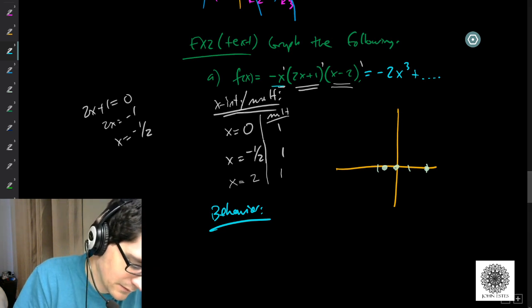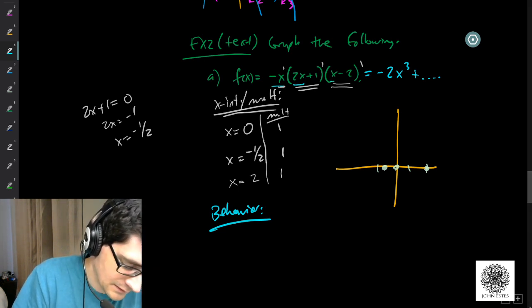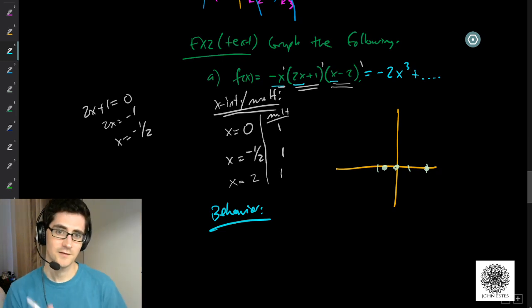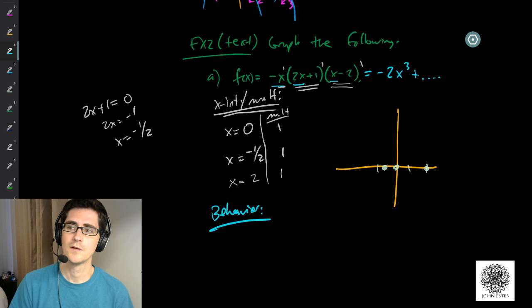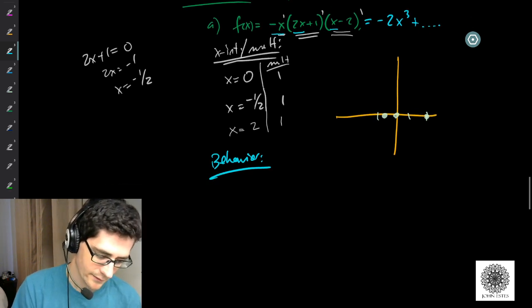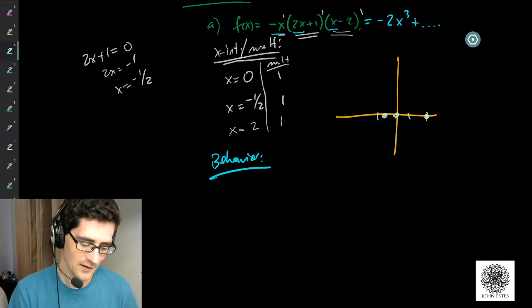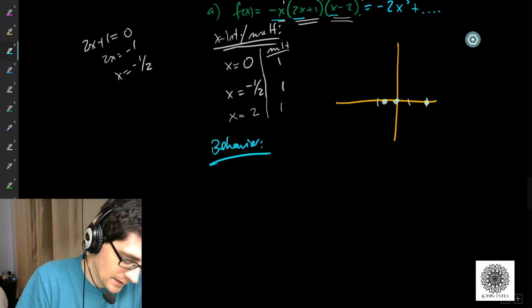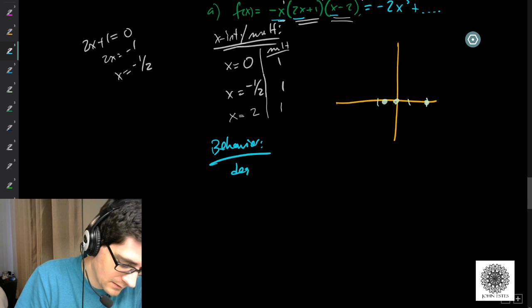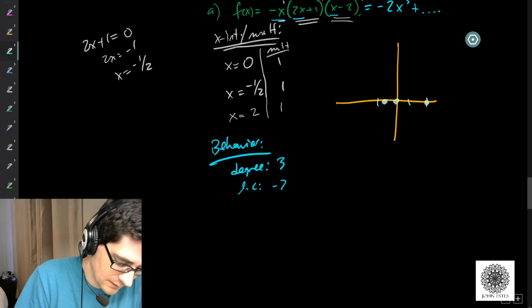Because I just took a negative x times the 2x times the x to give me negative 2x cubed, plus whatever else happens, but I can't get higher than x cubed, right? I hope that makes sense, and I'm kind of multiplying it out, but I don't really need all the details. I just need the first term. So from that, I can see that my degree here is 3, and my leading coefficient is negative 2, which is in fact negative.